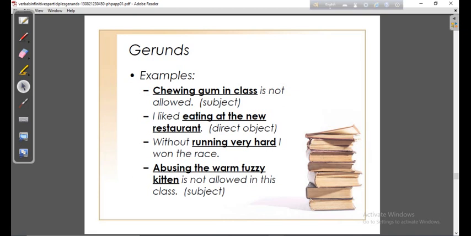So you may be confused at the point that a gerund is the present participle and a participle is the present participle of the verb. But you'll have to look at the fact that if it works like a noun, it will be called a gerund, and if it works like an adjective, it will be called a participle.